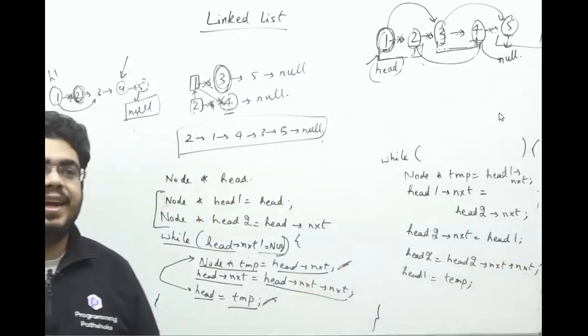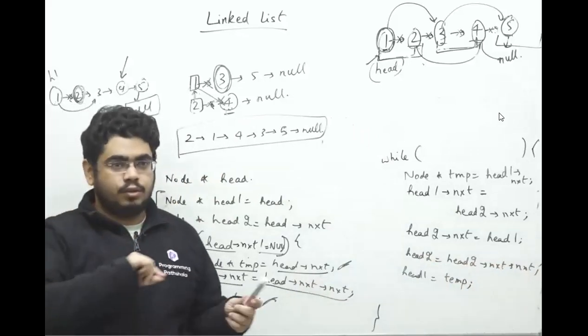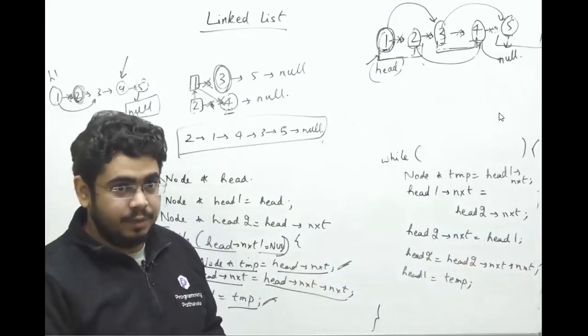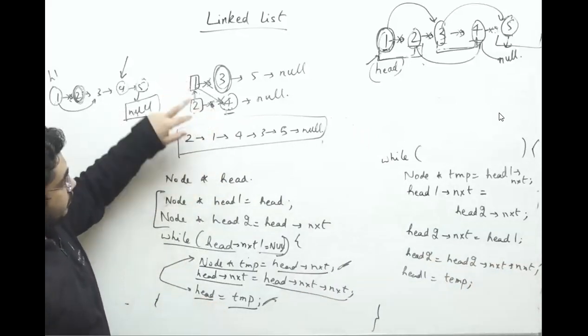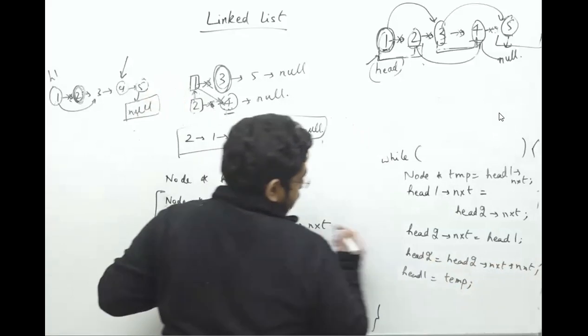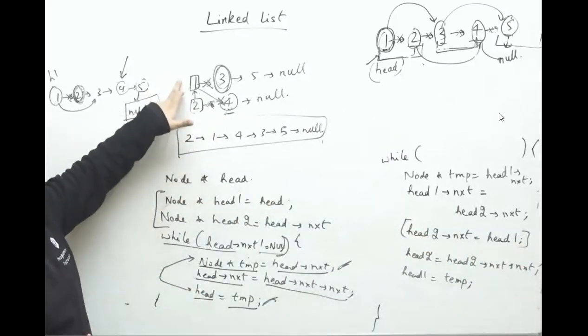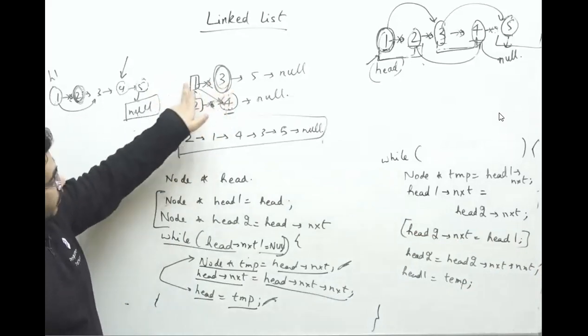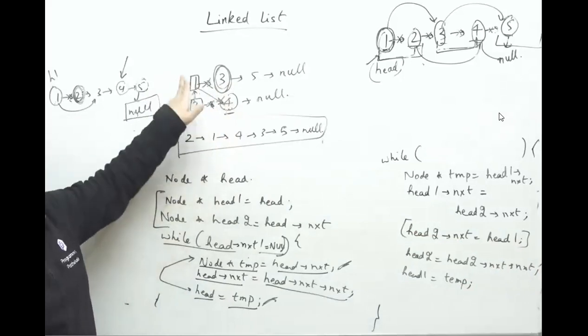Okay. It might look a little complicated, but if you make those diagrams in your copy, then it will be relatively simpler, right? What we are essentially doing is breaking this, moving it here. That's this. That head 2's next is head 1. Head 1's next was head 2's next previously. So 1 to 4 is made, 2 to 1 is made.